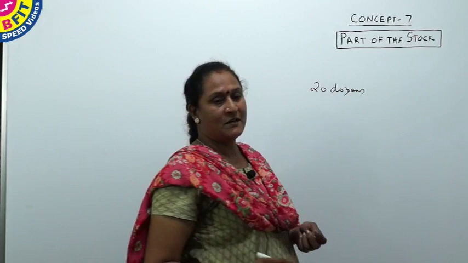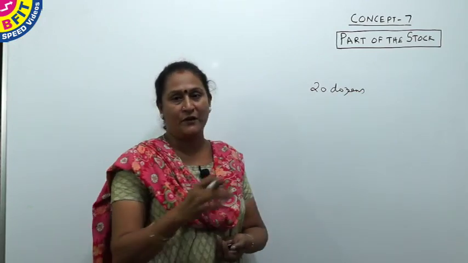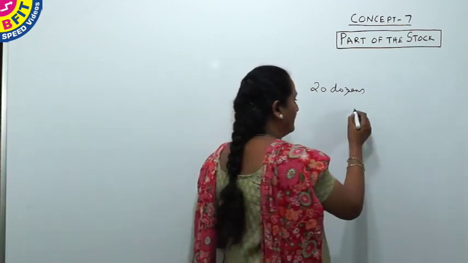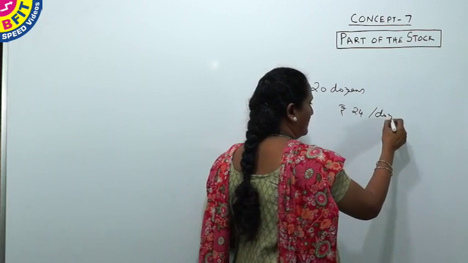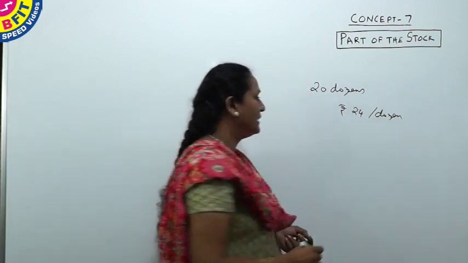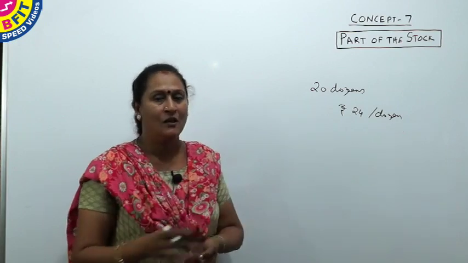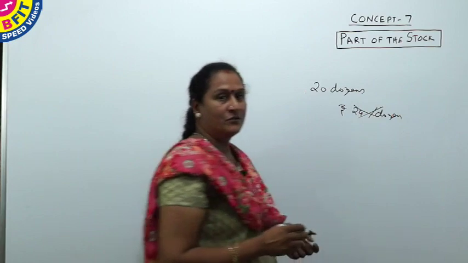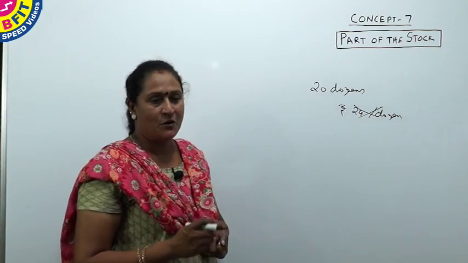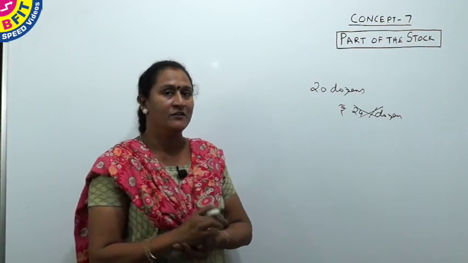So the person buys 20 dozens of pencils at rupees 24 per dozen. By multiplying this 24 with the number of pencils, we get the worth of the stock. But no need to consider all this. Out of this 20 dozens, how many dozens of pencils is he selling at 30% profit? 5 dozen.